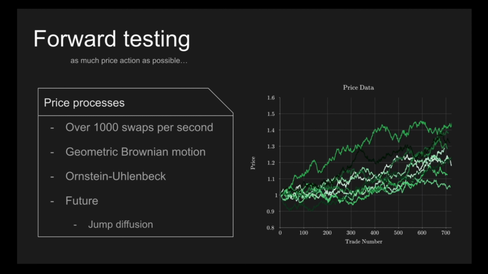In the future, we want to add maybe some jump diffusion to our stochastic price processes so we can simulate some larger volatility events as well. When contrasting this with what Anvil is capable of off the bat, this is a huge performance increase, as far as many orders of magnitude of swaps per second.